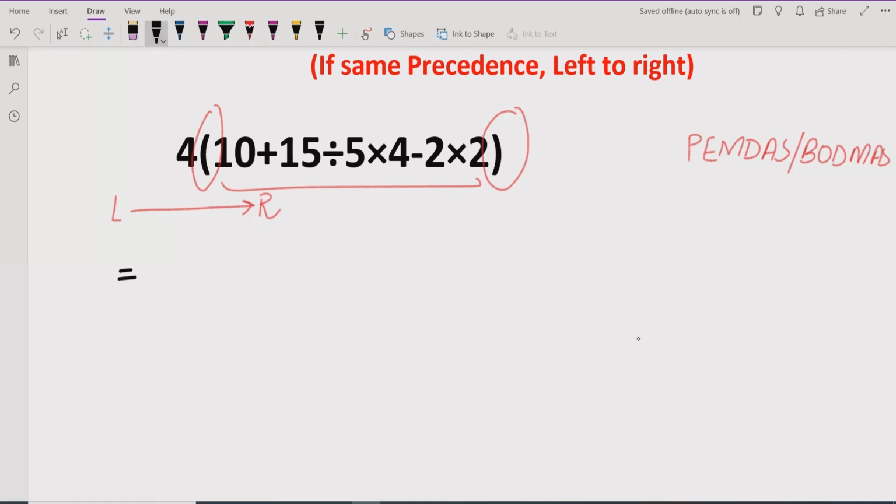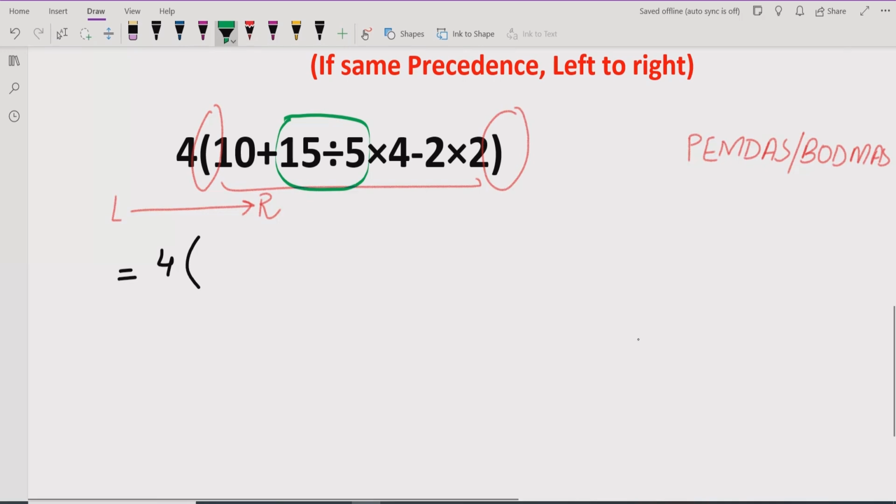We go 4 multiply by. Now in this parenthesis, we have to see which operation to solve first. We have to solve 15 divided by 5 first, according to the PEMDAS and BODMAS method.